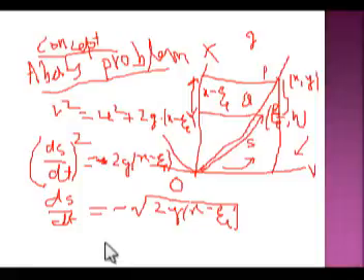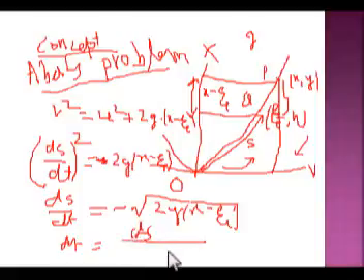Now it can be further written that dt is equal to ds by minus root over 2g(x minus xi).